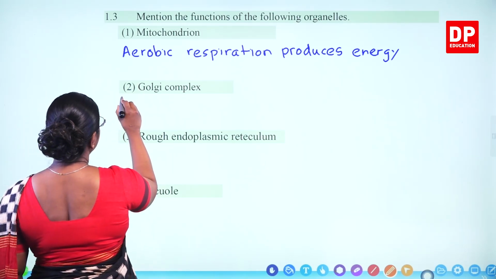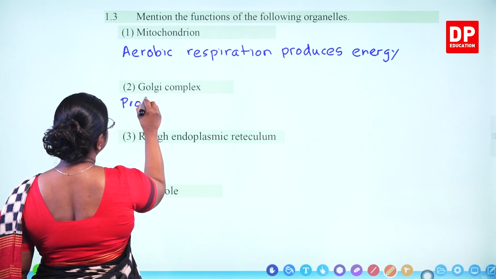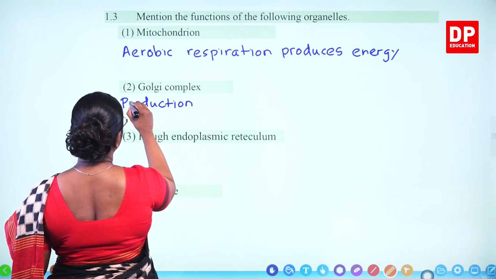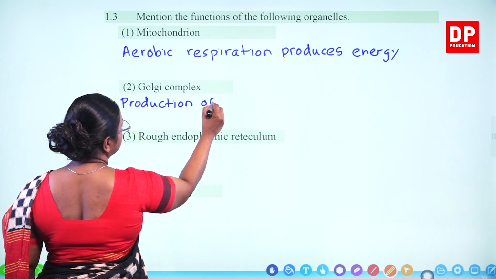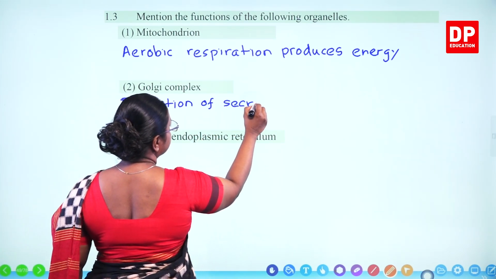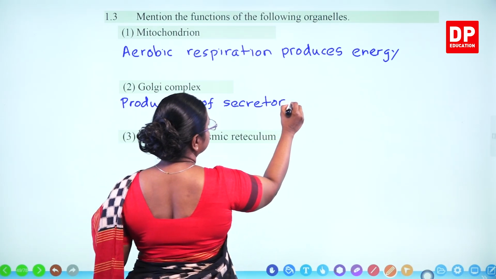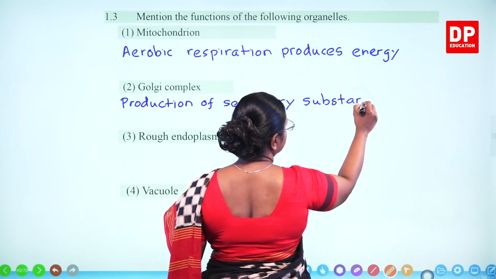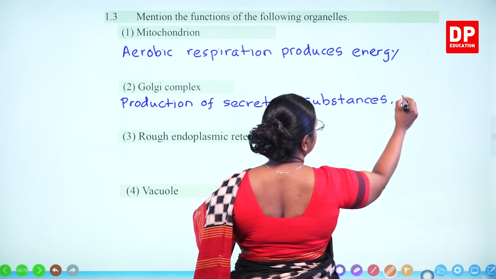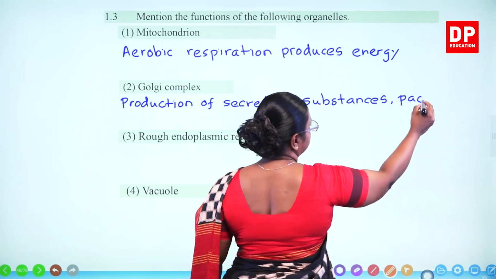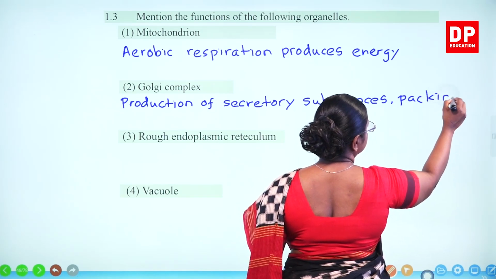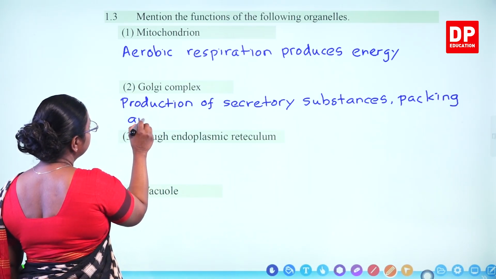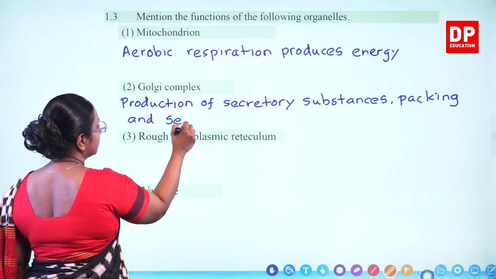So, here production of secretory substances, packing and secretion.